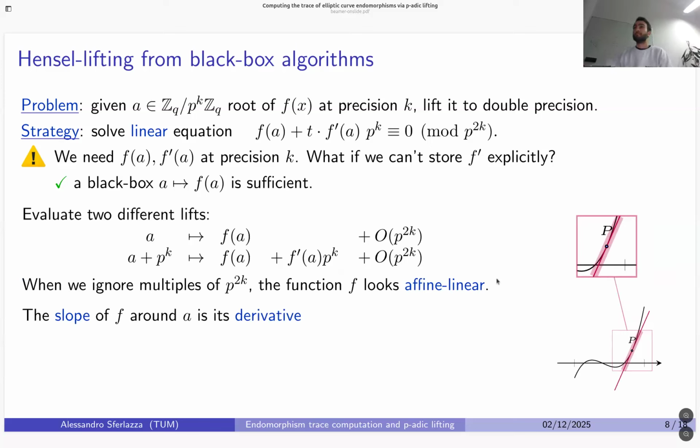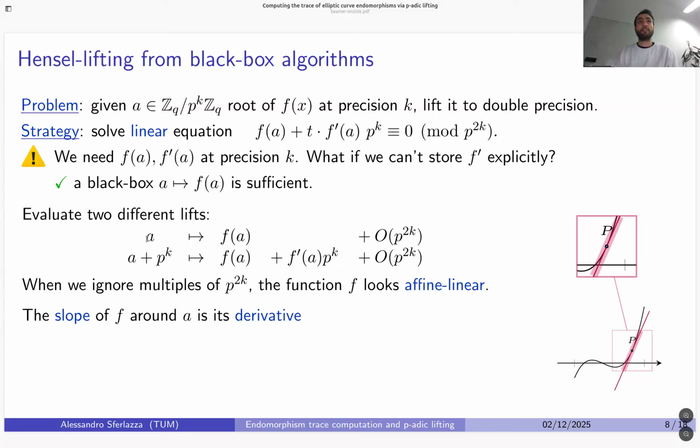The idea is, again, first order Taylor's expansion, because we can ignore stuff that is second order. We ignore two times even powers of p. And basically every polynomial function that we're considering can be approximated as a line.